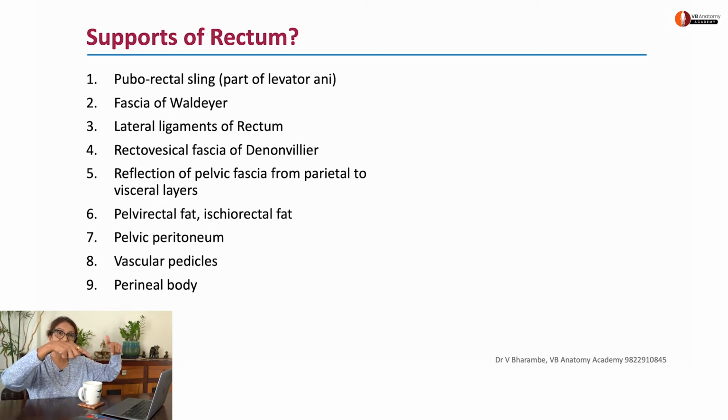Remember, there is a sling of puborectalis. We saw it right in the beginning of the class. From behind, there is the fascia of Waldeyer. From the side, there are lateral ligaments of rectum. In front, there is the rectovesical fascia of Denonvilliers. The peritoneum, the blood vessels that come to rectum, the perineal body, everybody supports the rectum.